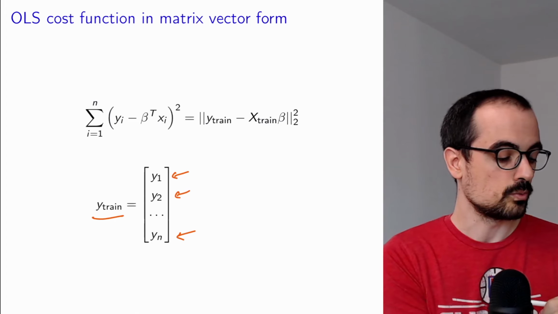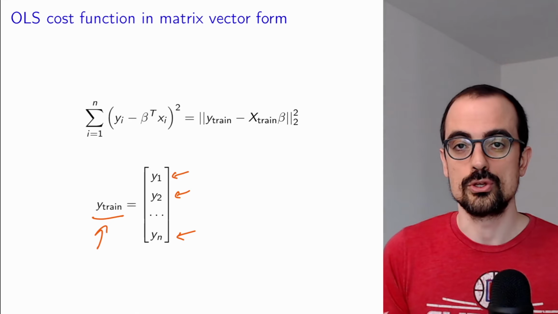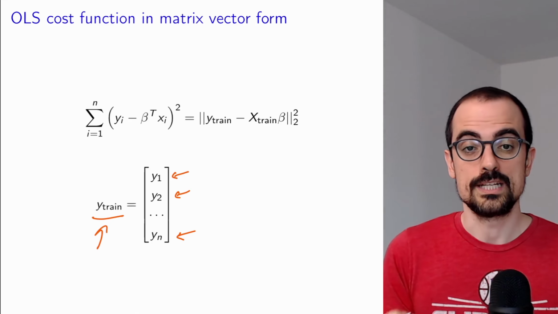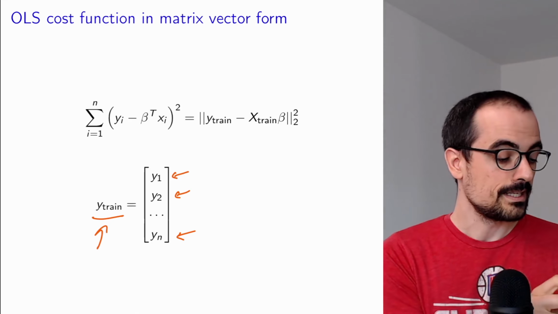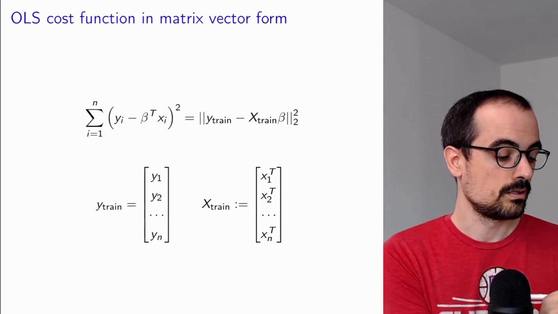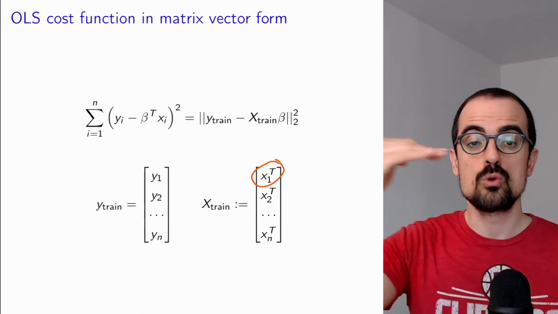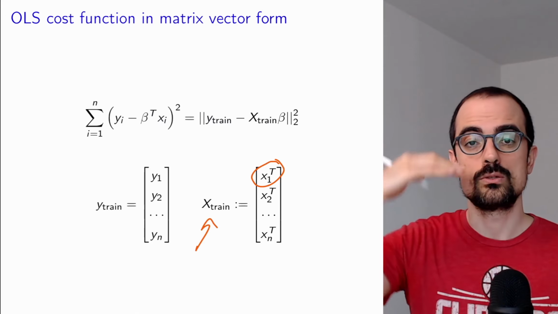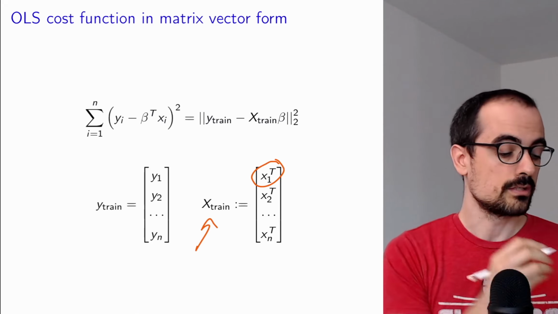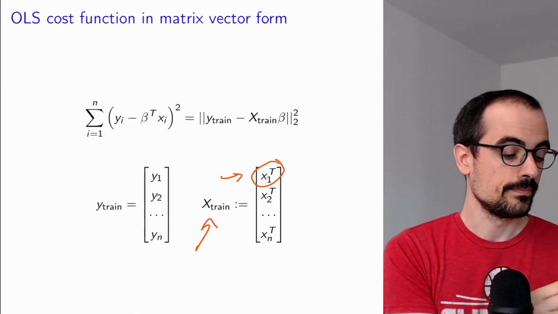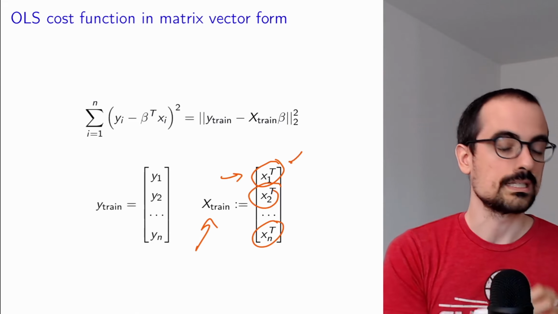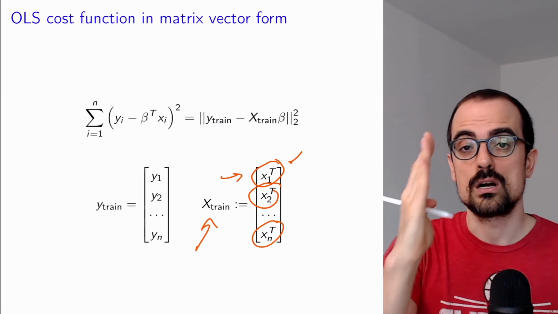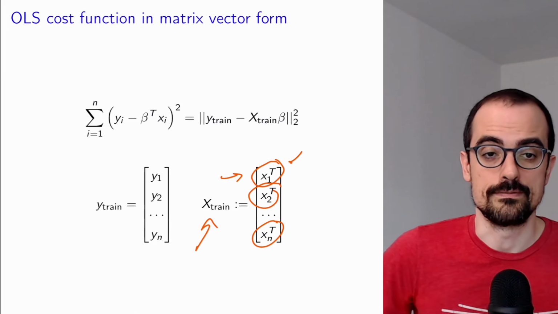We call it Y train because this is the training set that we're going to use to fit the linear regression model. And similarly, we're going to stack in the rows of what we call a design matrix, X train, the values of the features for the first example, the second example, and so on, down to the nth example. So here notice that we have D columns corresponding to each of the features.